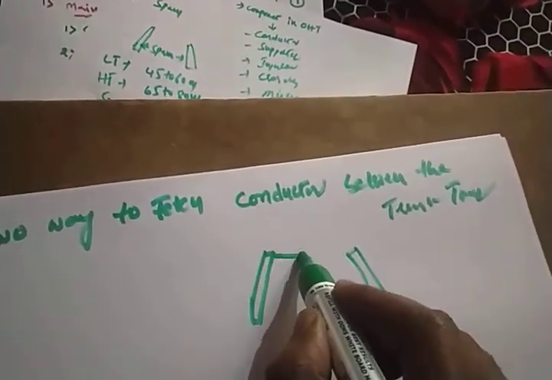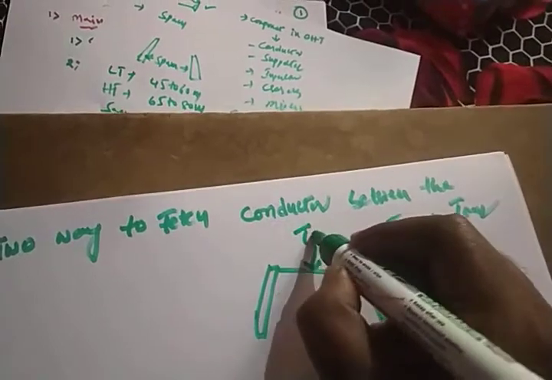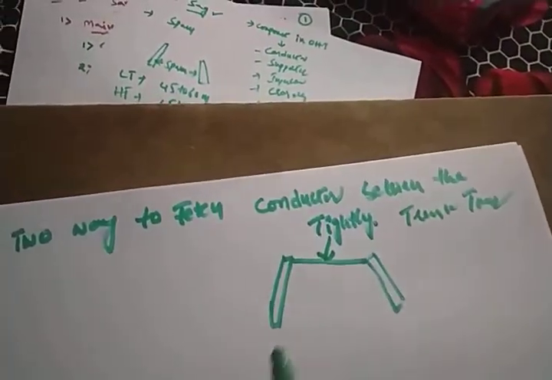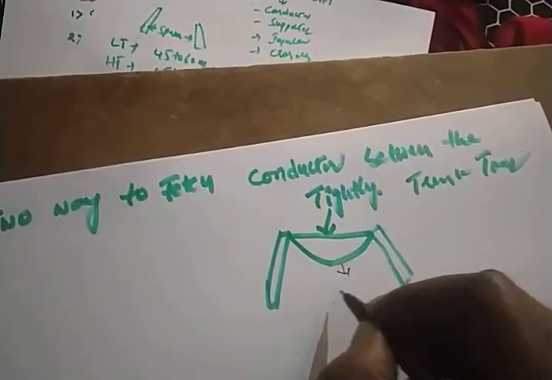The first possible way is that the transmission line can be connected tightly. Another possible way is loosely connected. So this is called loosely connected.